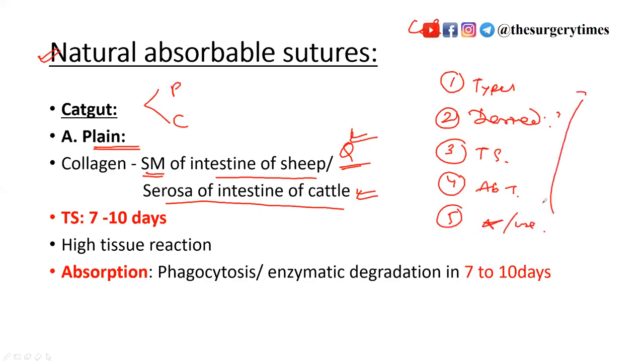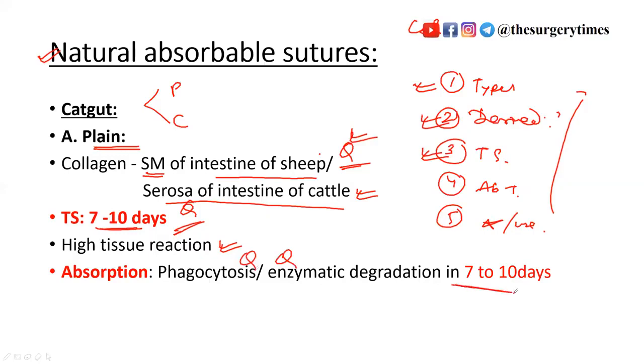So catgut is two types, plain and chromic catgut. Now it is derived from the submucosa of the intestine of sheep or the serosa of the intestine of cattle. Tensile strength is 7 to 10 days. Remember, all these are from the belly lobe only, and all are important. Tensile strength is 7 to 10 days, and there is high tissue reaction. You should remember that absorption is by phagocytosis or enzymatic degradation in 7 to 10 days.